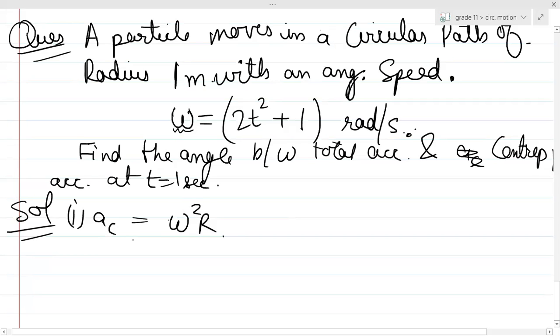Centripetal acceleration is v square by r and omega square r. So this will be equal to (2t square plus 1) square multiplied by 1. Radius was 1 meter. So from here you get AC as 4t to the power 4 plus 4t square plus 1. Is this your centripetal acceleration?